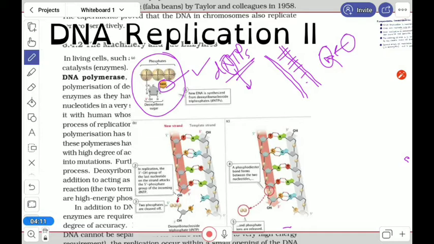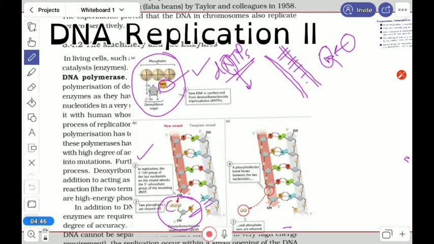When replication occurs, these raw materials participate. You can see this is the second part here. This triphosphate comes to the 3 end, where suppose here is guanine pairing with cytosine, and here is the sugar and the phosphate.